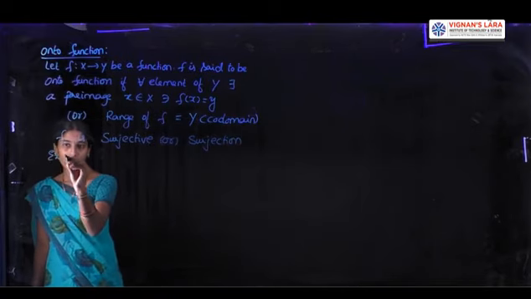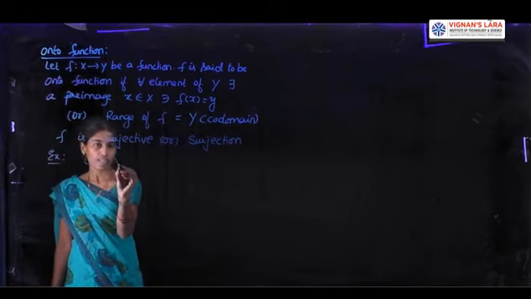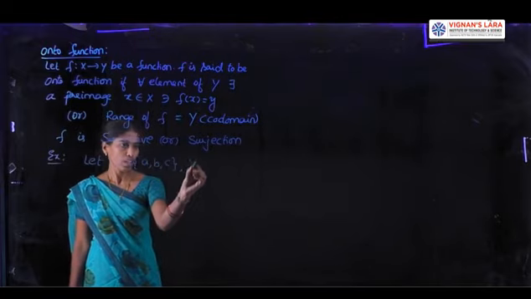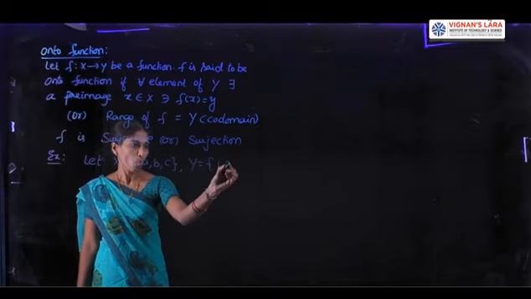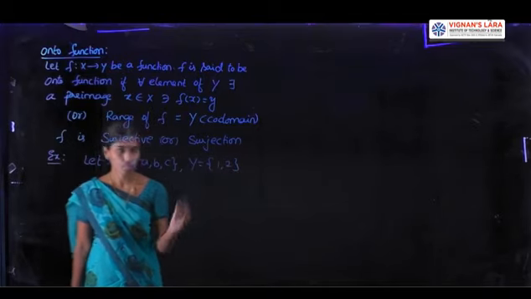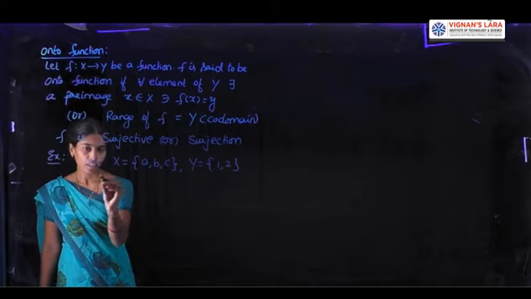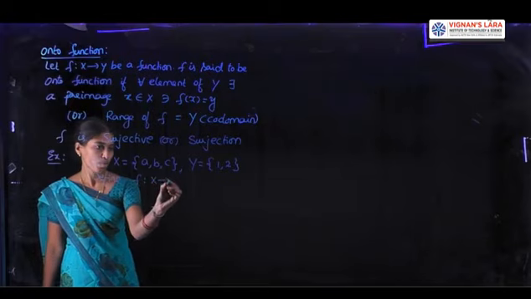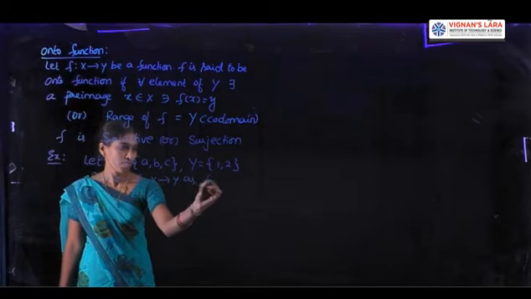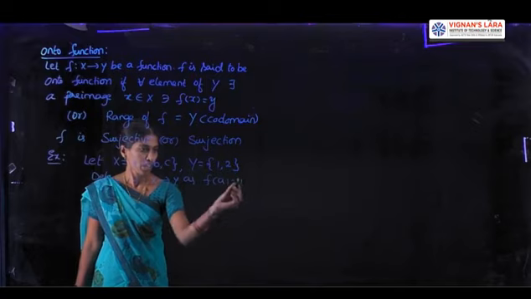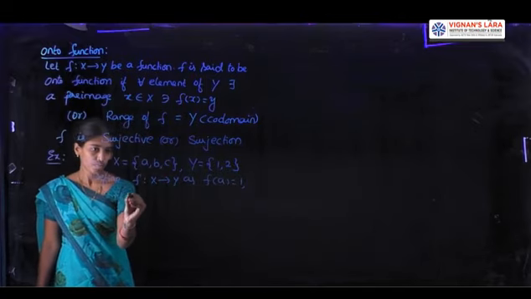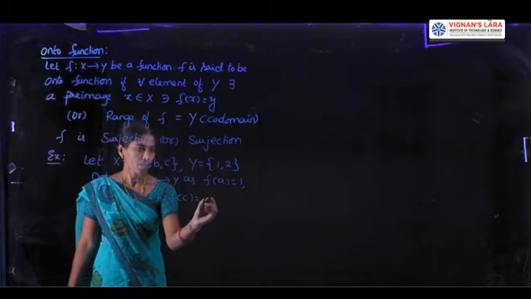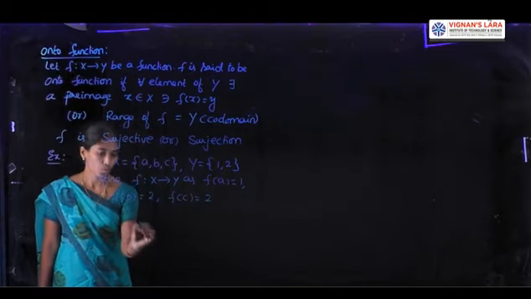You see the example. Let X = {a, b, c}, Y = {1, 2}. Now define f from X to Y as f(a) = 1, f(b) = 2, f(c) is also equal to 2.